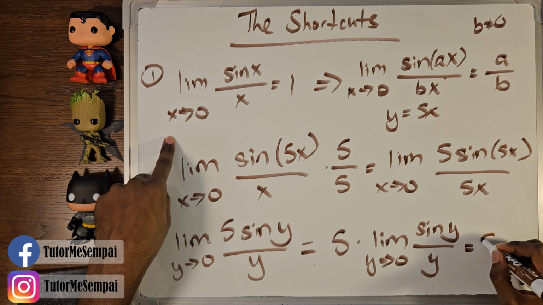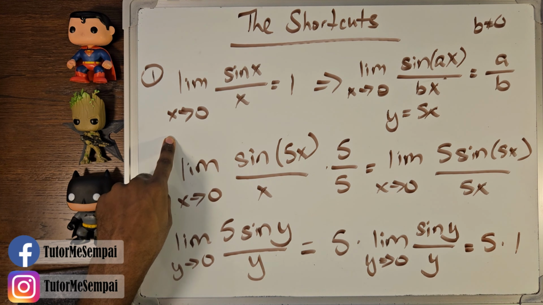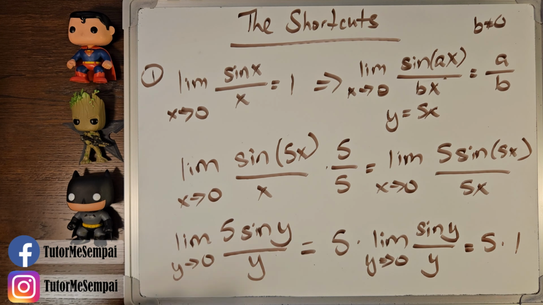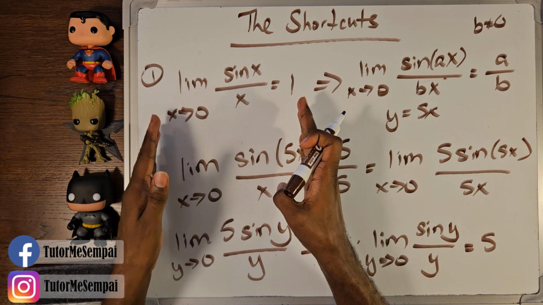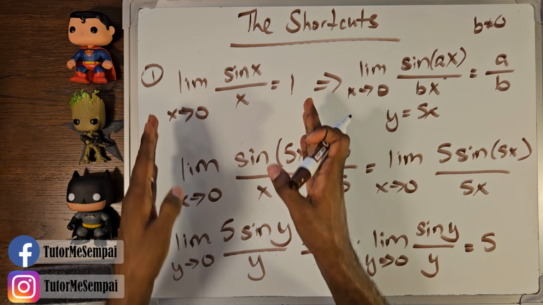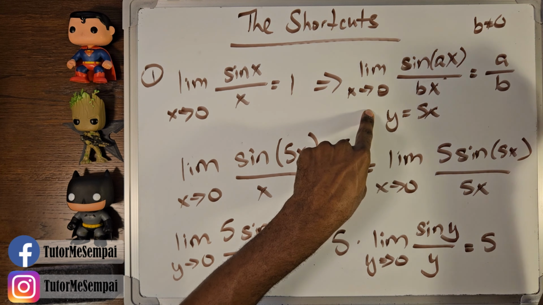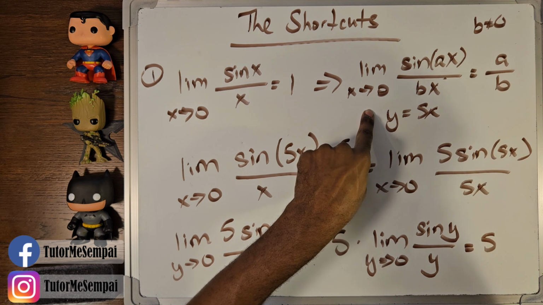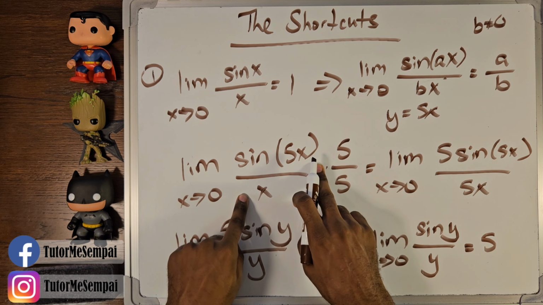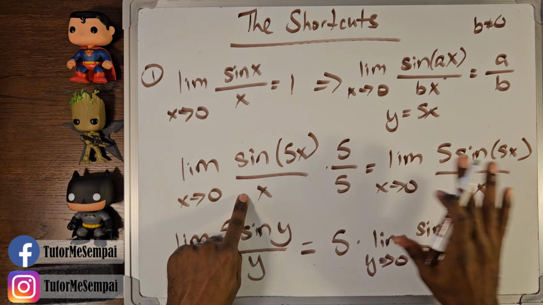So we know this is going to be 5 times 1, which is just 5, right? This is why if we have the setup for this shortcut, this is automatically going to be true. A over B. If you know your shortcut, you don't even have to do any of this math.